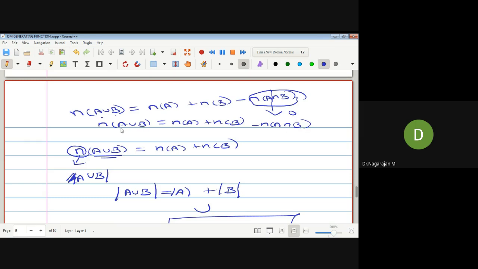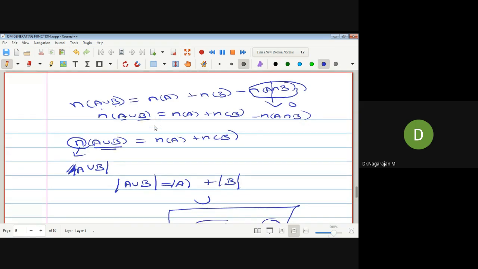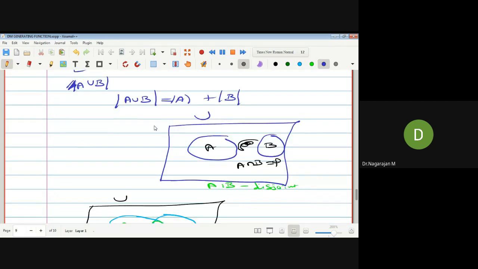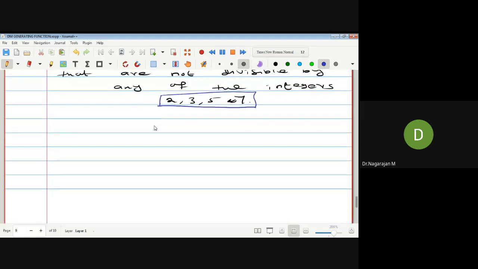Here only two sets. Suppose more than two sets, what is the formula? Here we use 2, 3, 5 and 7, therefore what is the formula here? Very important one.